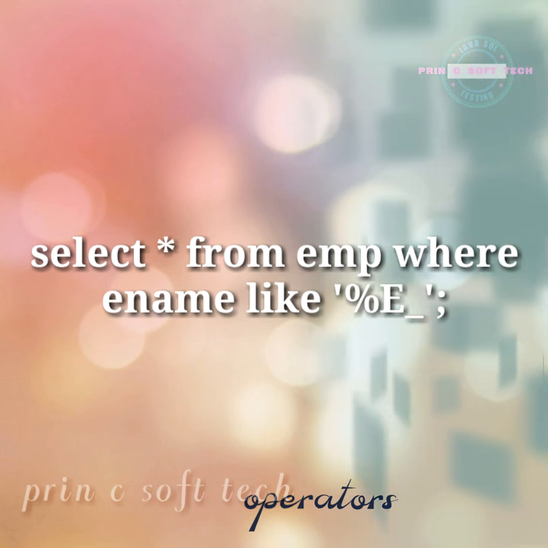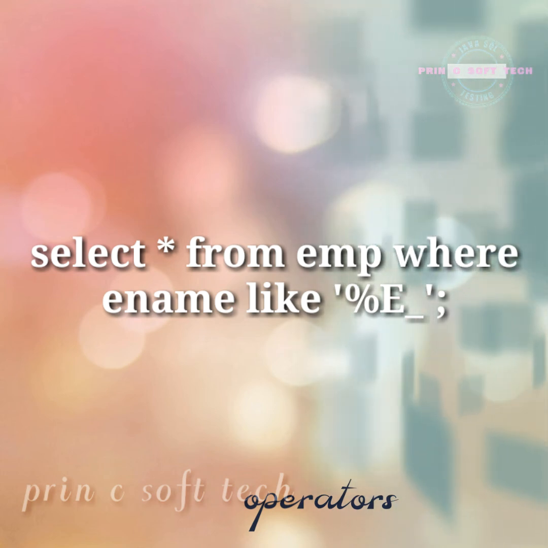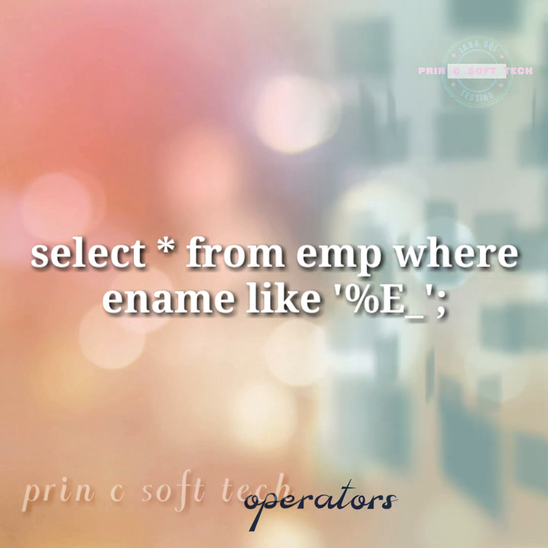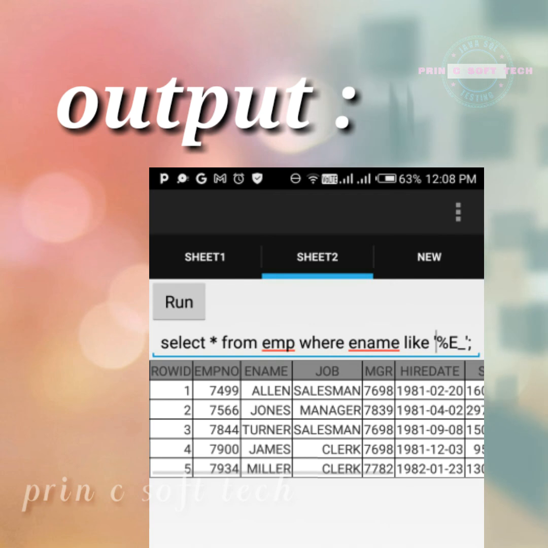Here ename can contain any number of characters. That's why we are using the modulus before E, because E is the last but one character. After E there is only one character. That's why we are using the underscore. Then the output for this is this.